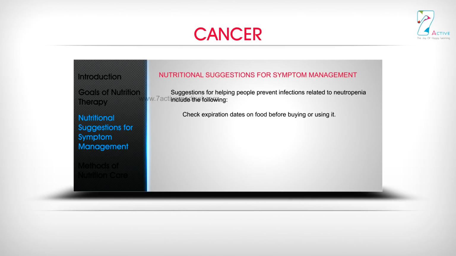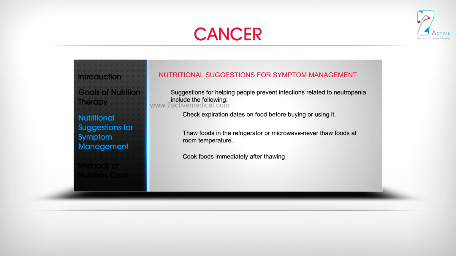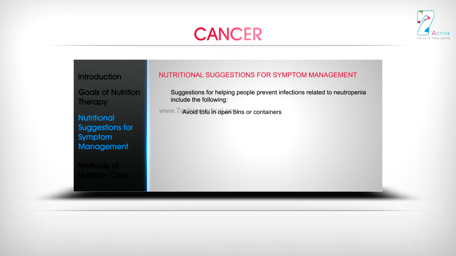Check expiration dates on food before buying or using it. Thaw foods in the refrigerator or microwave. Never thaw foods at room temperature. Cook foods immediately after thawing. Avoid old, moldy, or damaged fruits and vegetables. Avoid tofu in open bins or containers.